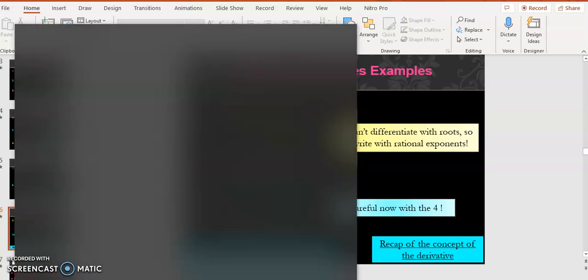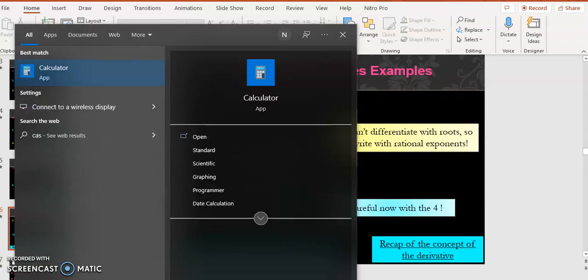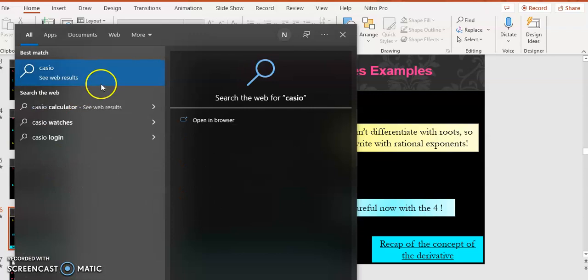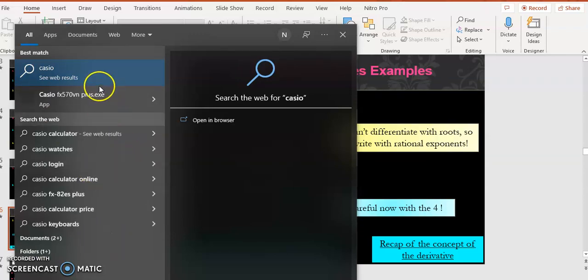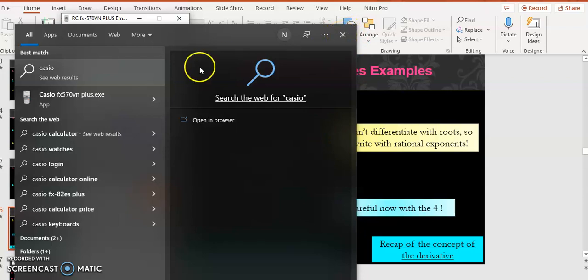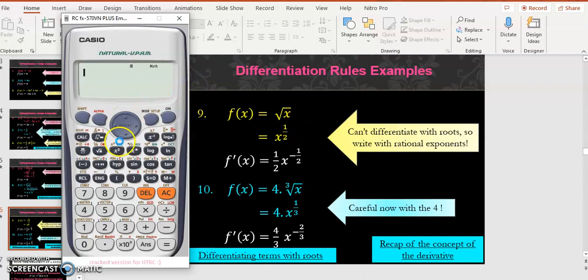Let's do it using our calculator. Okay, my calculator is out now. So we are going to do this one.